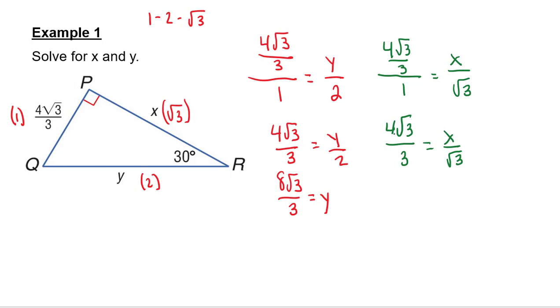Now I cross multiply. 4 root 3 times root 3, 4 times root 3 times root 3 is equal to 3x. Root 3 times root 3 is 3. So I have 4 times 3, which is 12, equals 3x. And then I divide by 3 and get x to be 4.